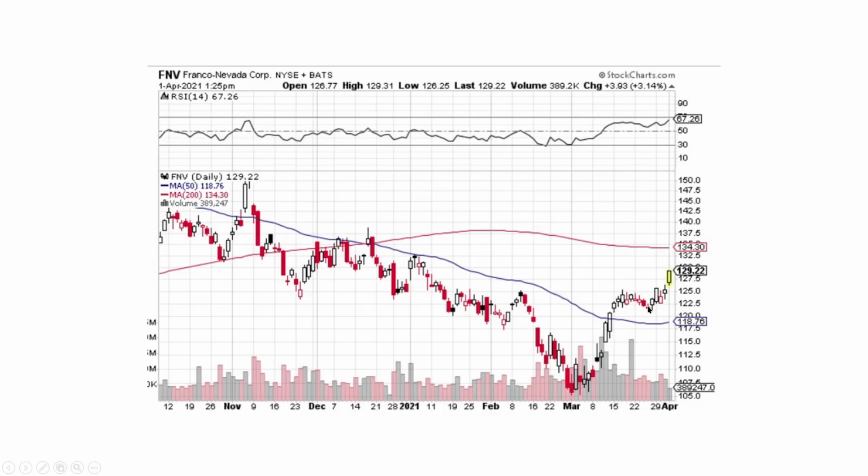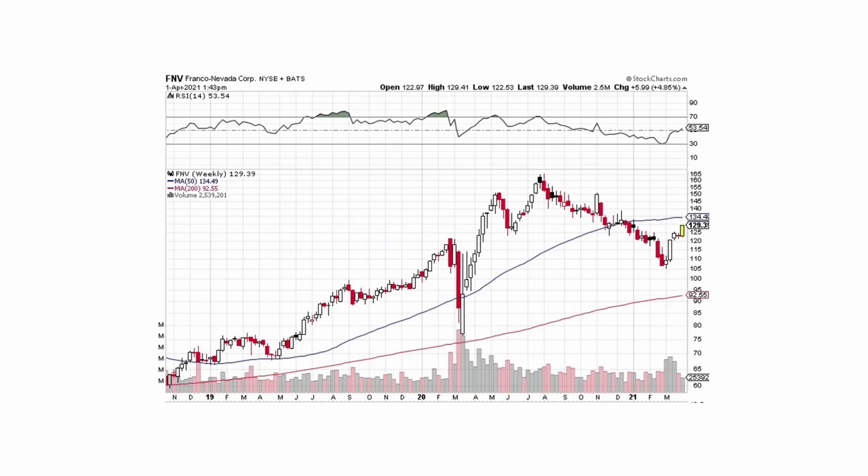Contracted down, the sellers have nothing. Big up day, small pullback. Boom, we're shooting higher. Looking fantastic. So anybody who owns Franco-Nevada, good job. This is on a weekly candlestick. It's a little bit easier to see when you look at weekly candlesticks sometimes. If you look back here, big up days all through here, small pullback.